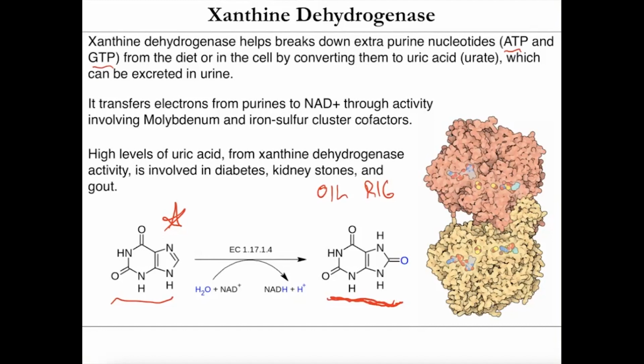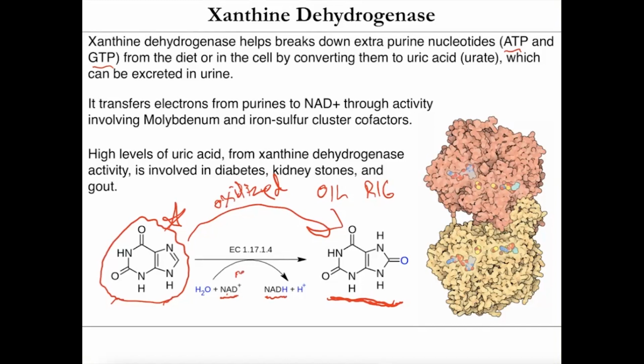So in this reaction, the purine nucleotide is actually oxidized to urate. So this is oxidized. I cannot write well today. And then this molecule, NAD, which is another cofactor we'll talk about a lot, is reduced.